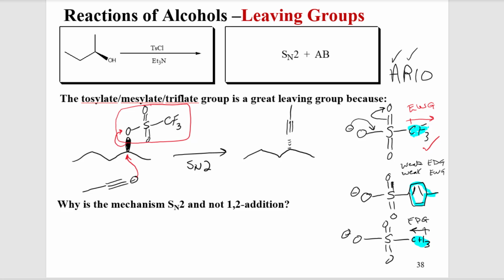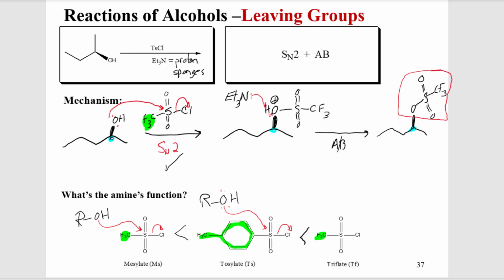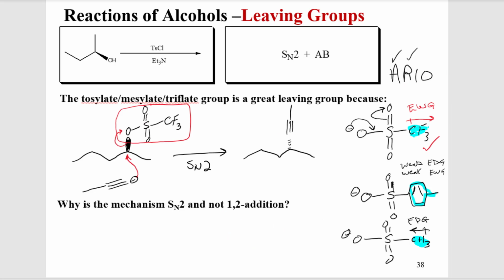So you can understand now, going back to this slide, why the triflate with its electron withdrawing group is better than having this, which is just mildly withdrawing, and much better than the mesylate, which has a donating group. So stabilizing the negative charge left behind when you use it as a leaving group can be explained using ARIO.